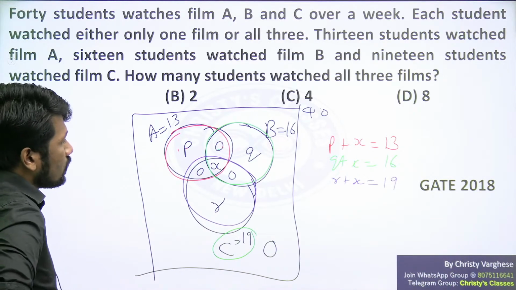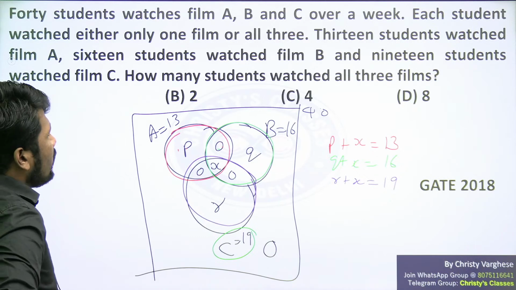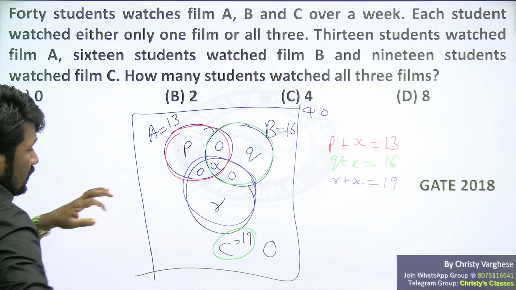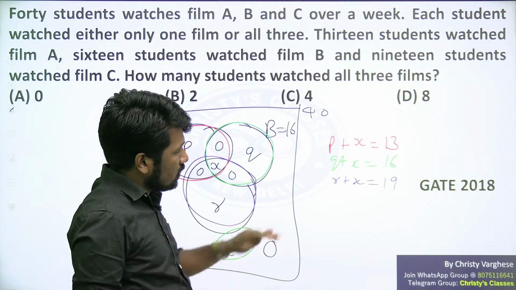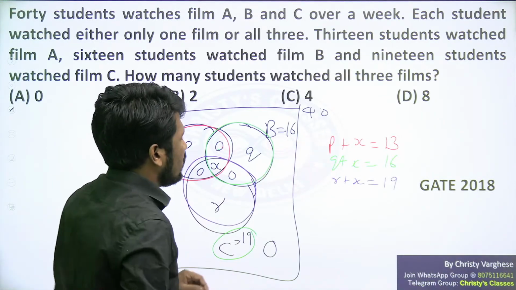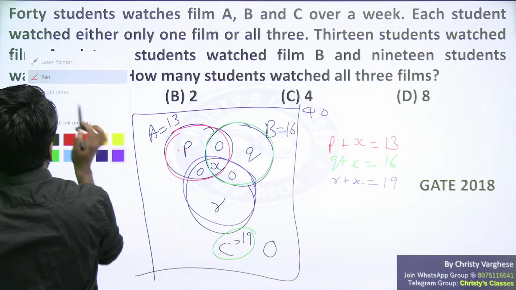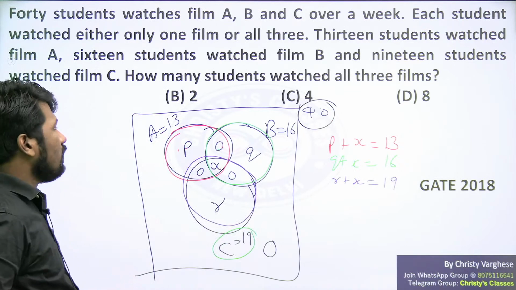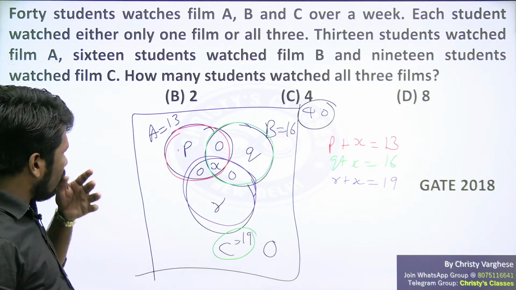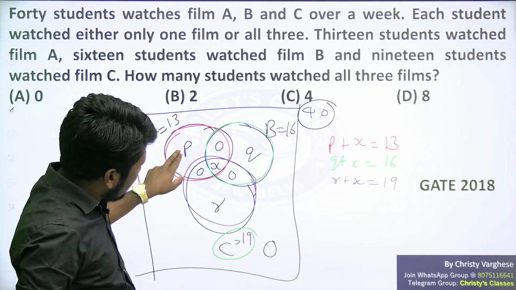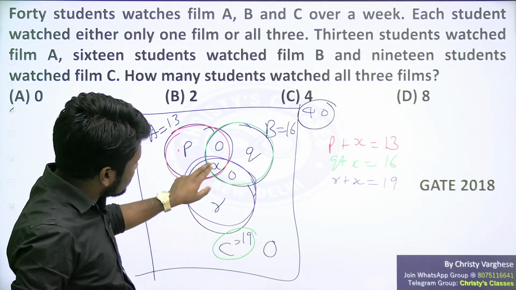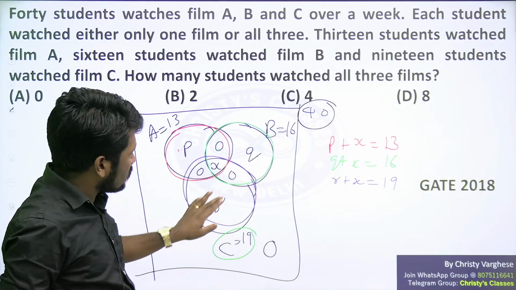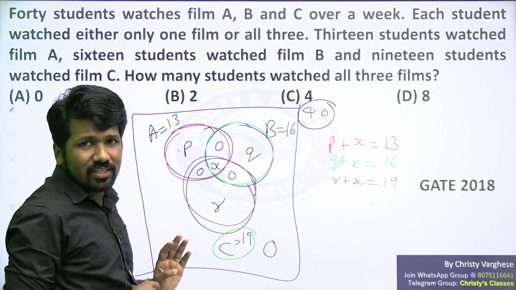So now we need to find the value of X. For finding the value of X, these 3 equations are not enough because there are still 4 unknowns and 3 equations. So we need to form one more equation with respect to this 40. What can we say about this 40? It will be equal to P plus Q plus R plus X, because all the rest are 0.